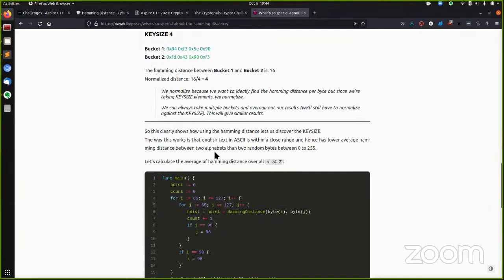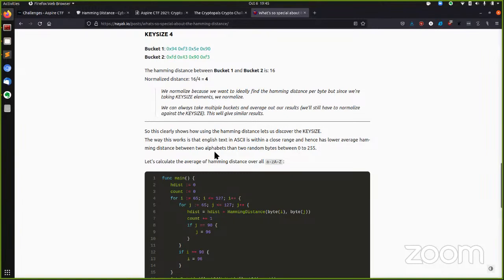So why does this work? As I said, it's all based on what we expect when we XOR data sets. So if I XOR ABC, I expect the resulting ciphertext to also be 3 characters that follow each other, or 3 bytes that differ by one bit each.